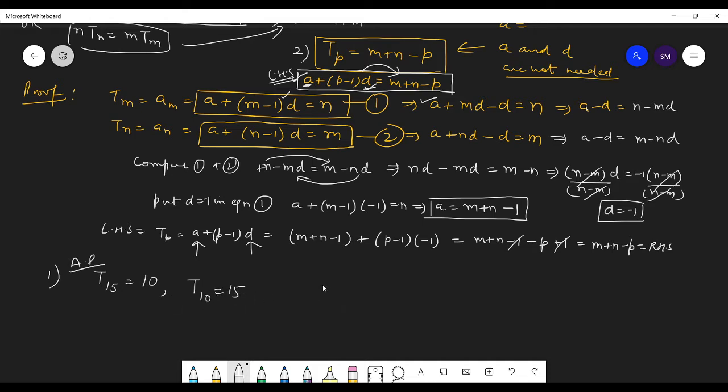Now your question is, find the 25th term, the 30th term, and the 12th term. So find out these three terms, students.